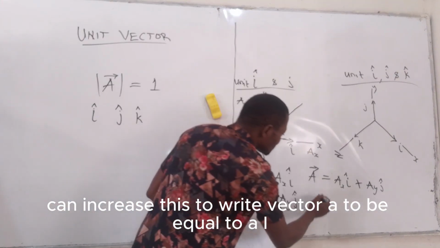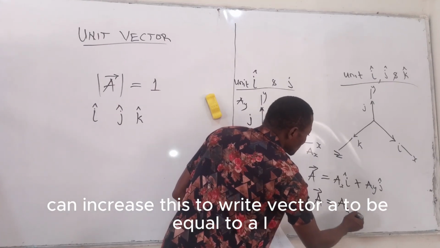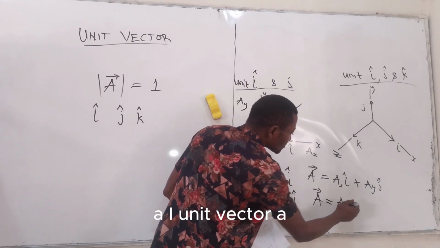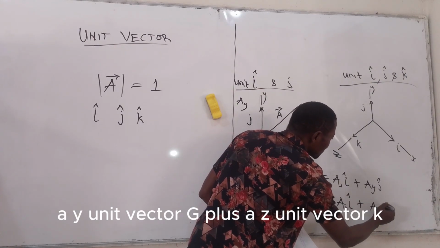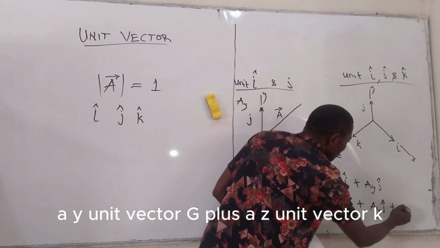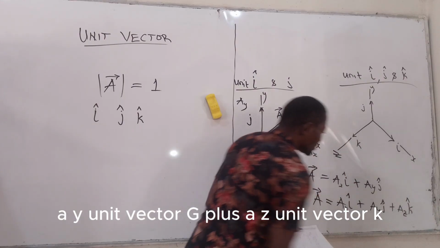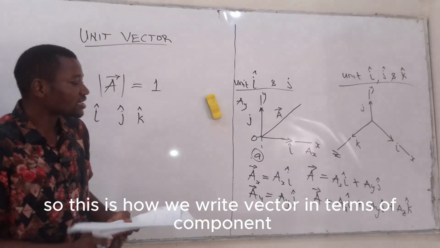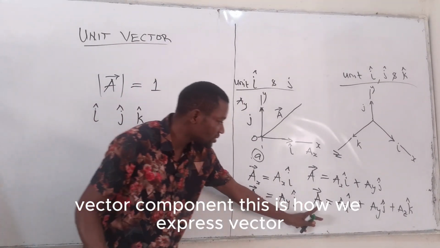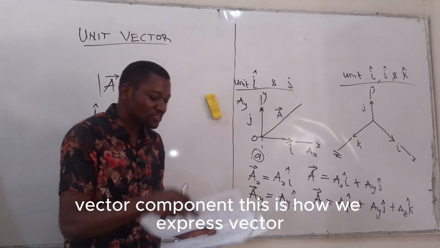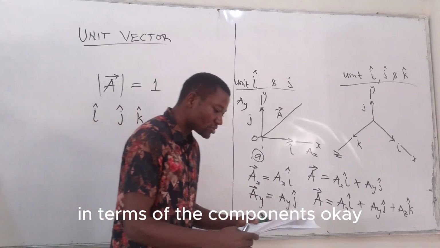And we can extend this to write vector A equal to ax i plus ay j plus az k. This is how we express a vector in terms of its components.